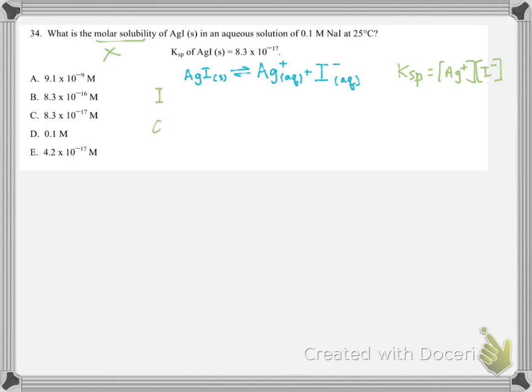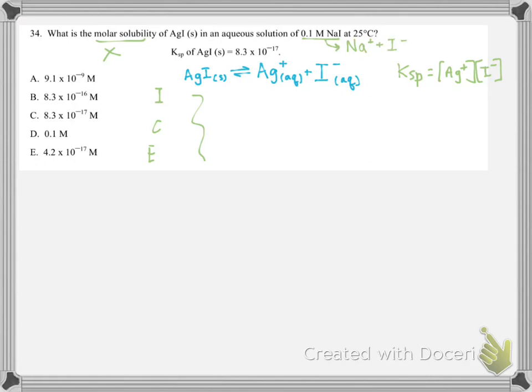ICE. And we're going to disregard the solid. And so now we have to think about what this sodium iodide is doing. So they don't give us a KSP, so we can assume it's a strong electrolyte completely dissociating, as most sodium things are.